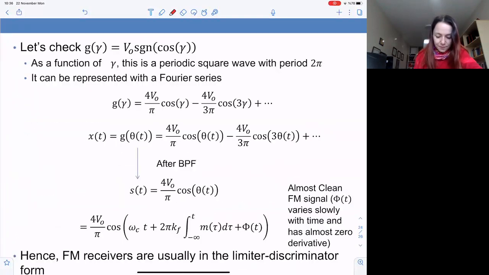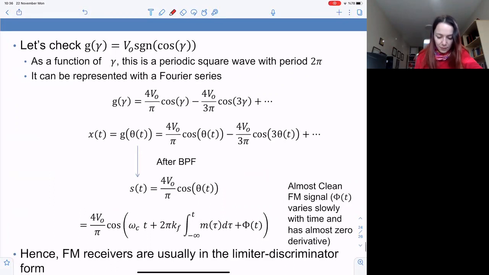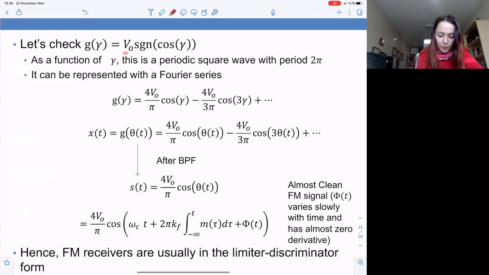To check this mathematically, when you put cosine into a signum function, you will notice that, I'm sorry, not the cosine, but the signum of cosine can be represented as a Fourier series like this.